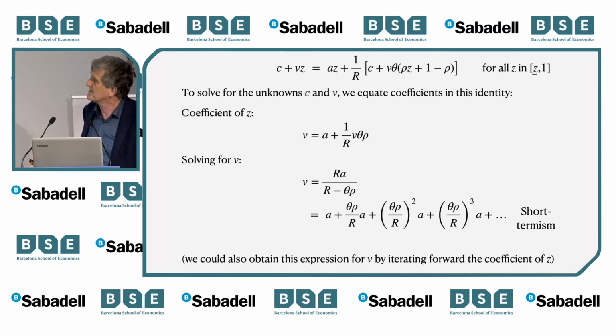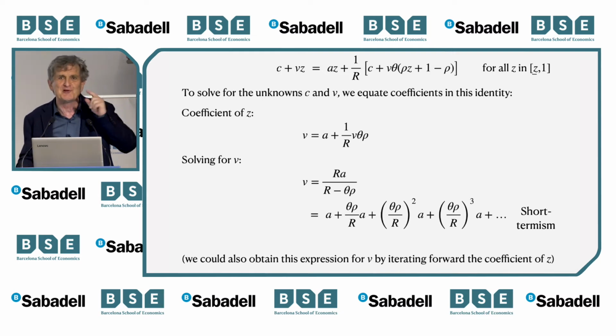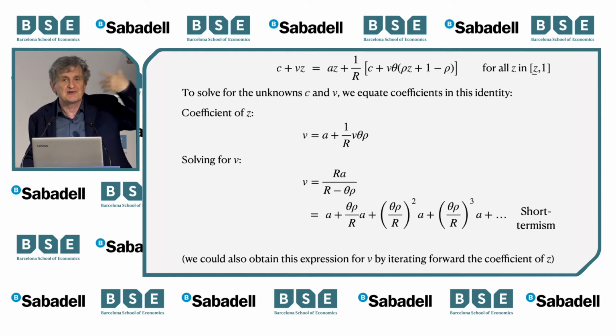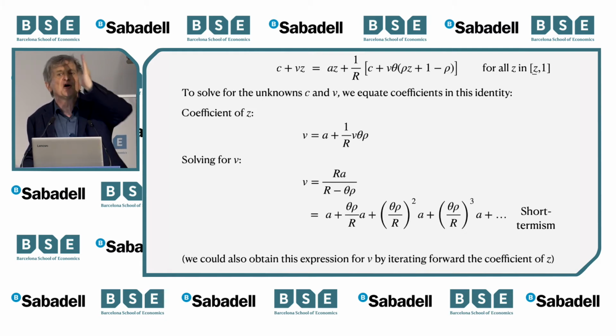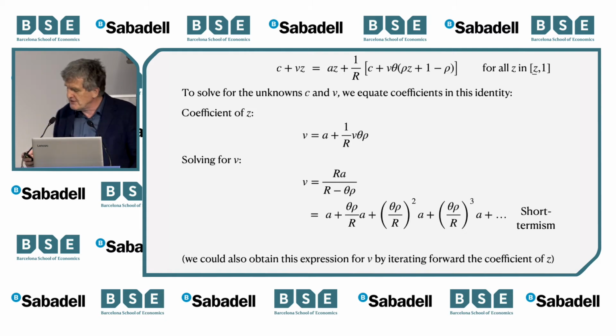It's just a plus a over r plus a over r squared plus a over r cubed, isn't it? I mean, one more unit of productivity. Remember, the technology spews out a times Z every day, so isn't it obvious, just a plus a over r plus a over r squared? No, it turns out that this is being bitten into by these theta rhos on the top line. And what's more, it's being progressively more bitten into the further into the future we look.